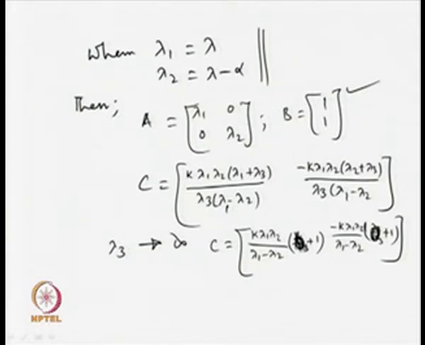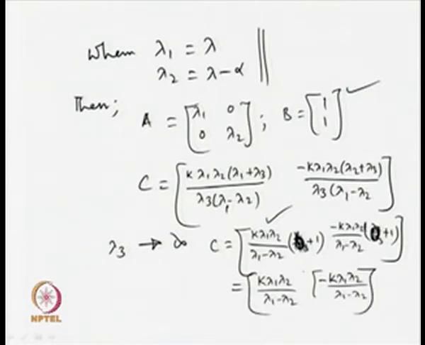So, we are multiplying this factor by 1 only, resulting in the expression for the C as k lambda 1 lambda 2 upon lambda 1 minus lambda 2 minus k lambda 1 lambda 2 upon lambda 1 minus lambda 2. Okay.